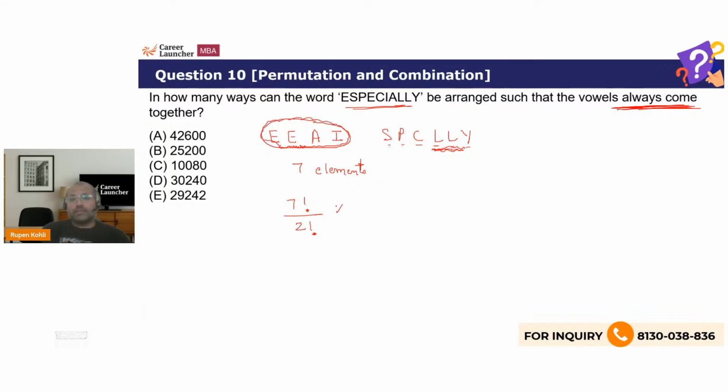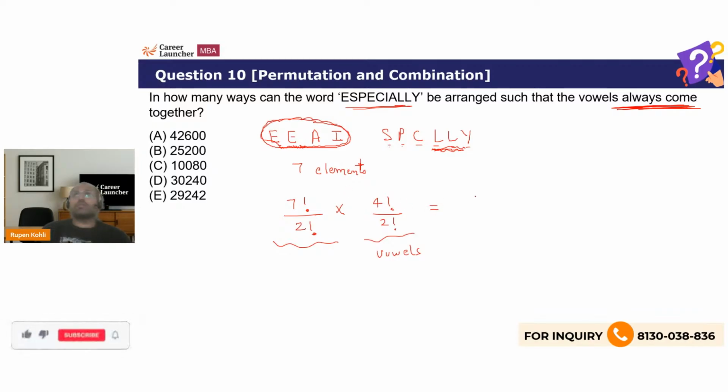So multiplied with, तो ये हो गया all the elements. Now coming to the internal arrangement of the vowels. तो उसमें first say that there are total of 4 elements, 2 of which are repeated. So into 4 factorial divided by 2 factorial. That will be the number of ways to arrange these vowels. So that is your answer. You have to just calculate now.